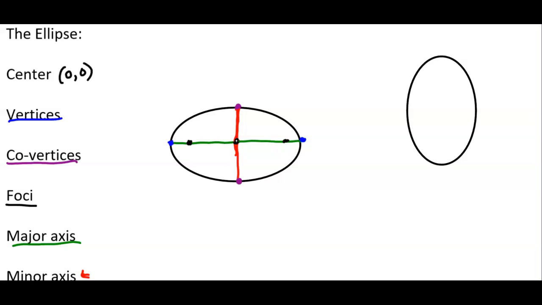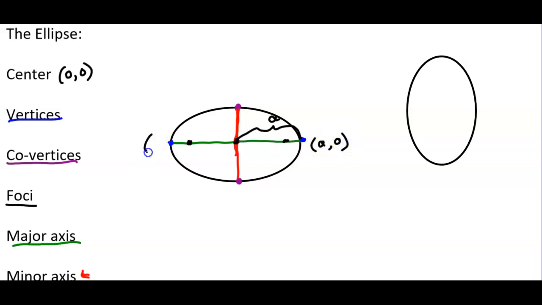Now let's talk about some quantities here. The distance between the center and the vertex is a. So this distance right here is a. And that makes the coordinates for this point (a, 0).